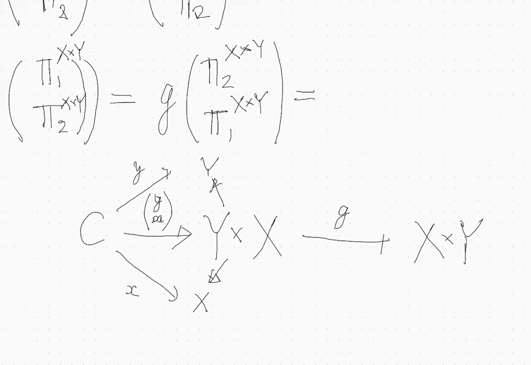So the thing is that when I look at the definition of x cross y, to know what this composite is, I need to know what it will be after first projection, right? And then what it will be after second projection. Do you agree with that? Yeah.